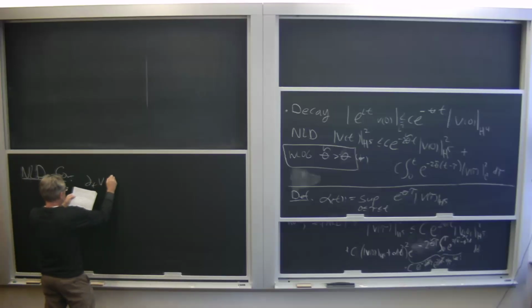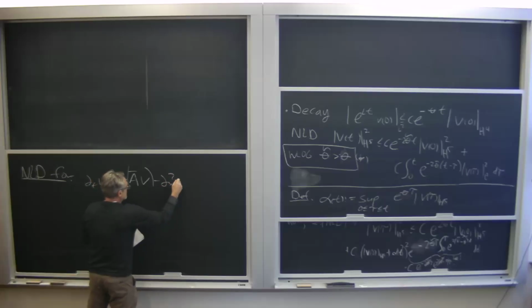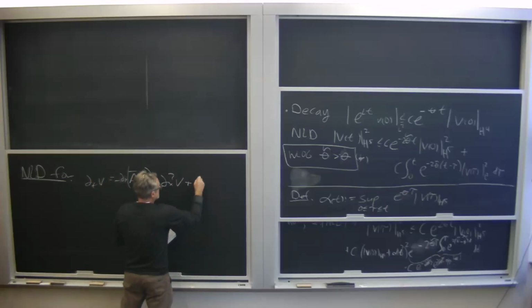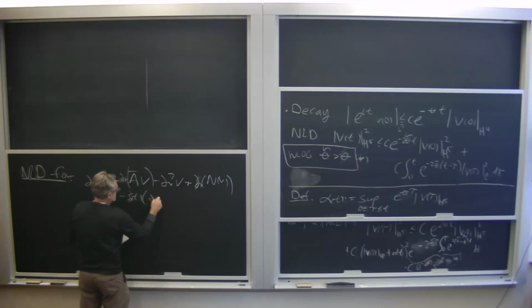It's dtV equals negative a bar v, negative dx, a bar v minus dx squared, v minus or plus dx n of v. And then there were two new terms, minus delta dot of t, dx v plus dx w bar.